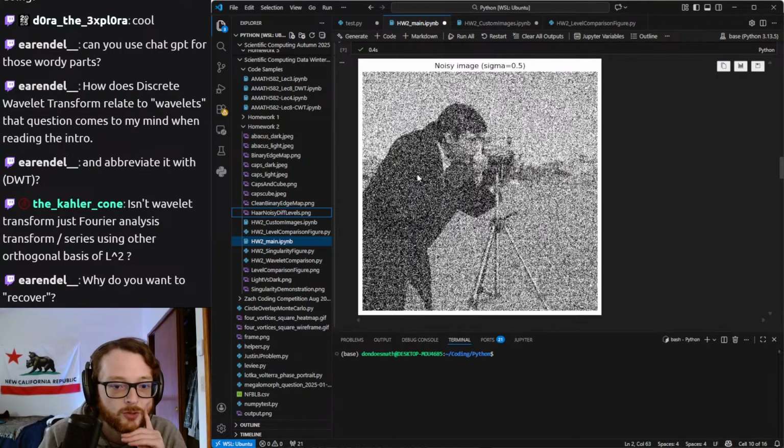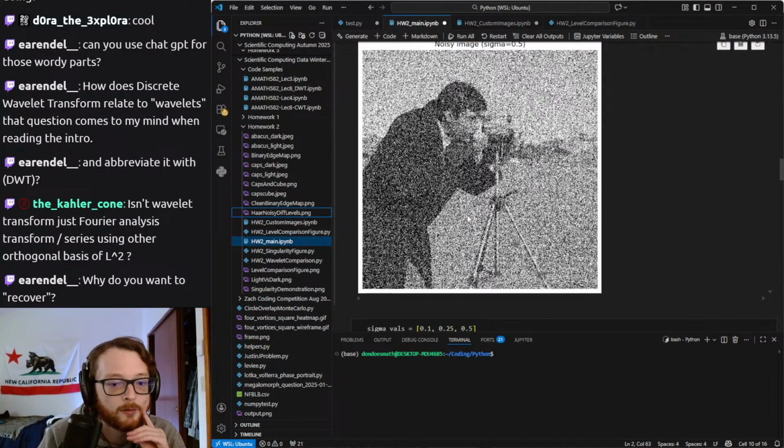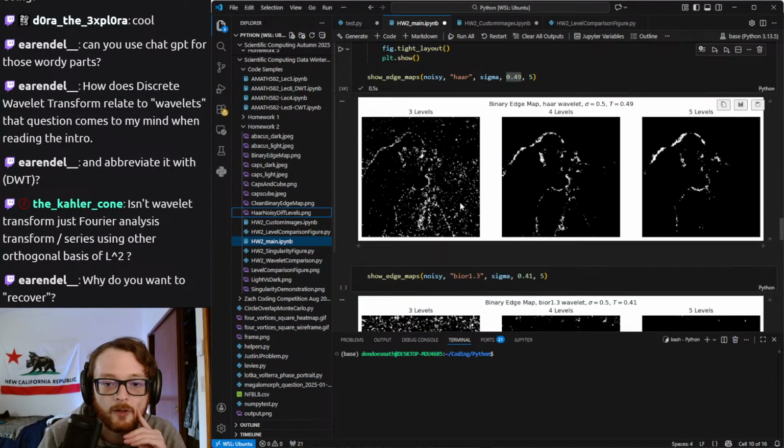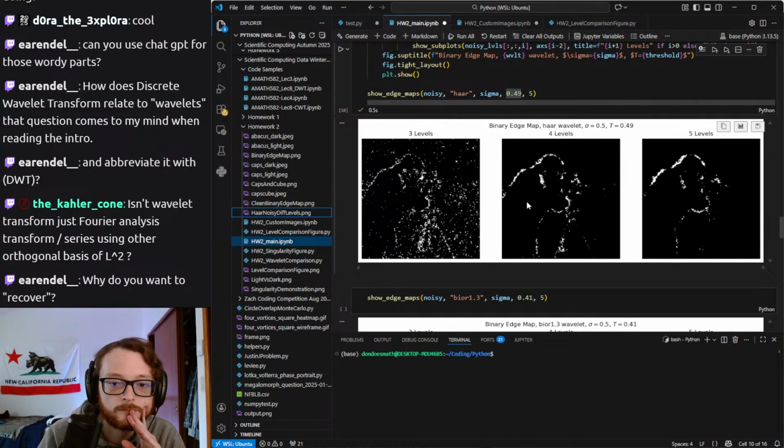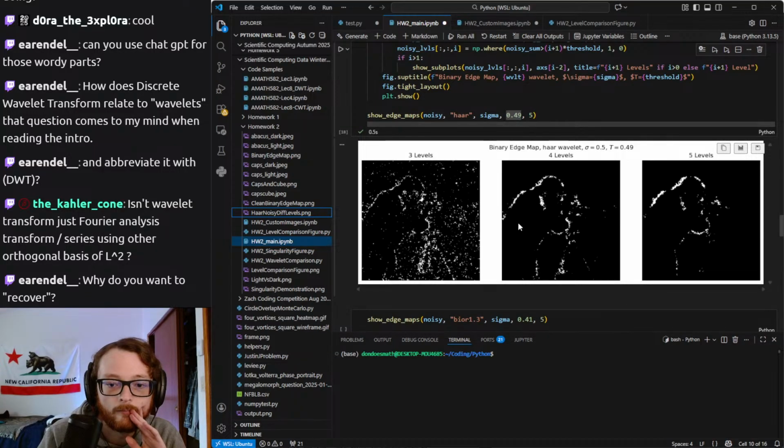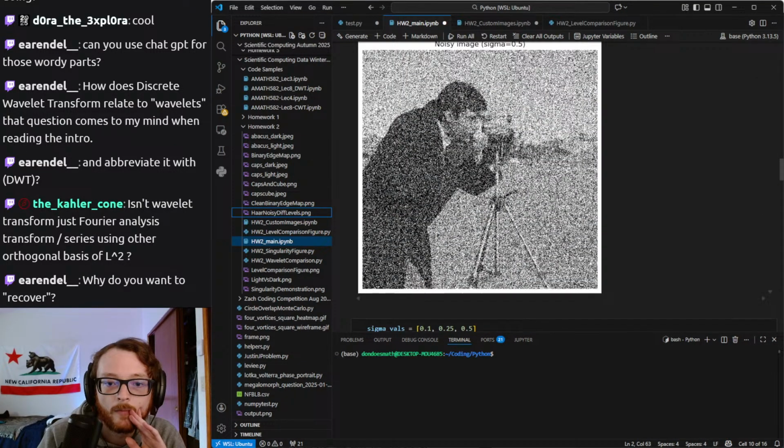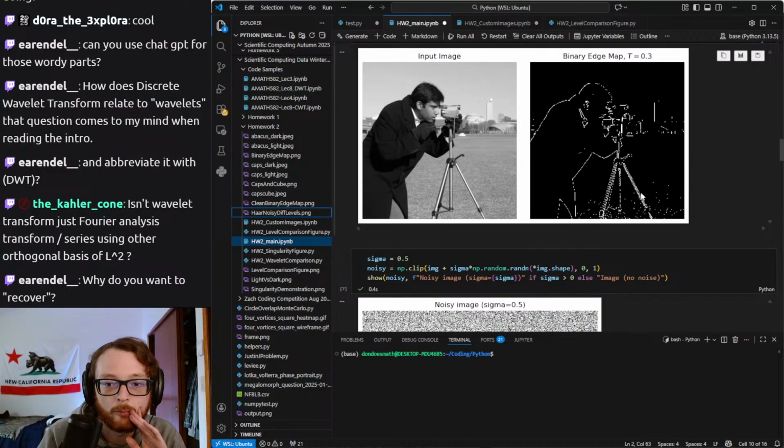So when I went and tried to do edge detection on the noisy version here, the legs of the tripod no longer get picked up because they're just a little bit too thin. That's what you can see here. The legs of the tripod in this middle one, you can kind of see them, but it's gotten kind of lost. Versus when there's no noise, you can pick them up really well.